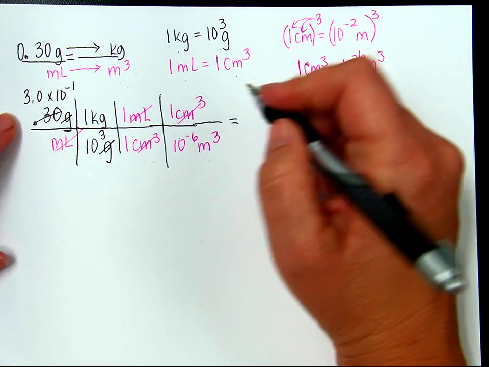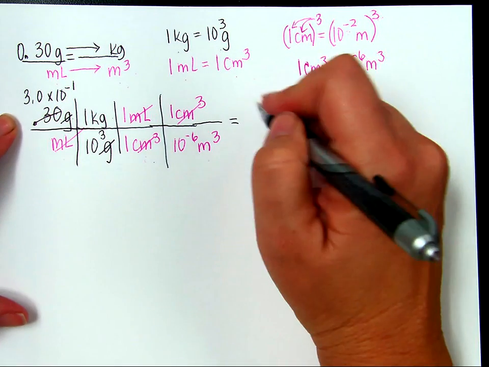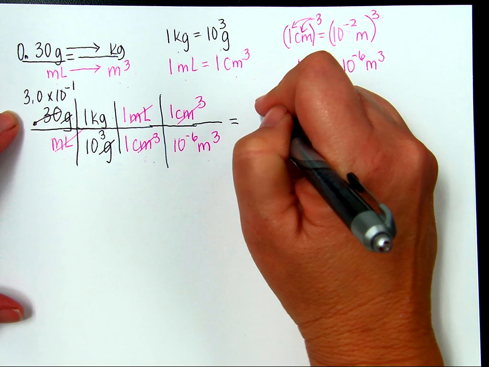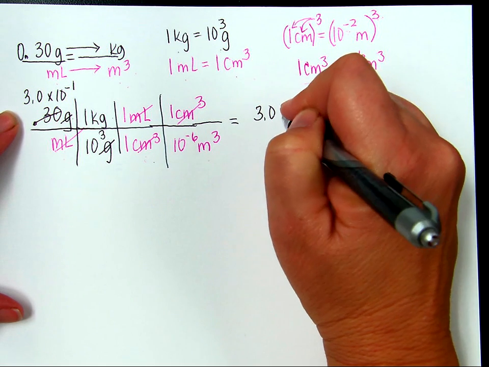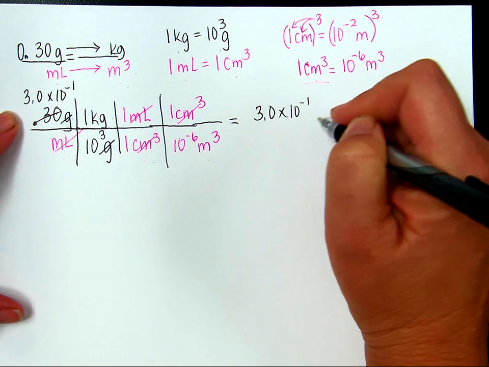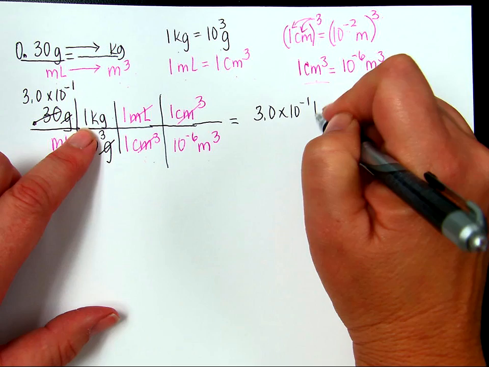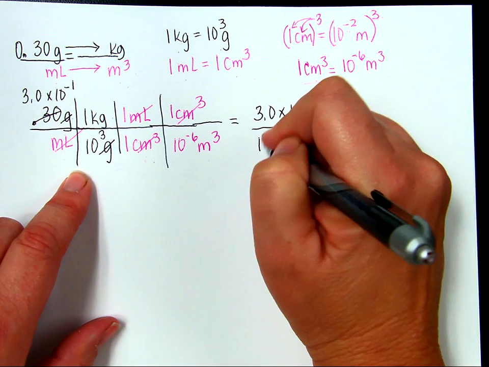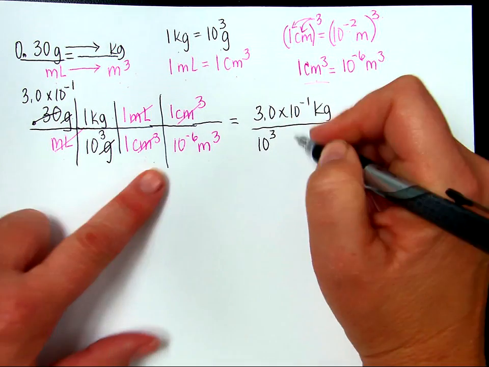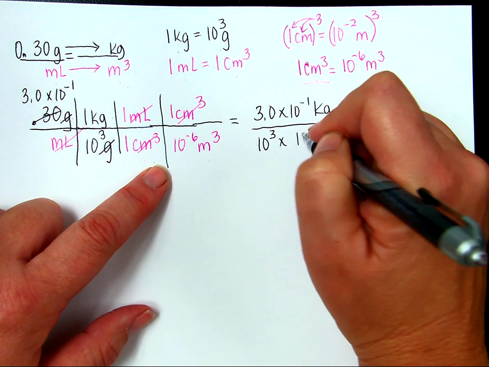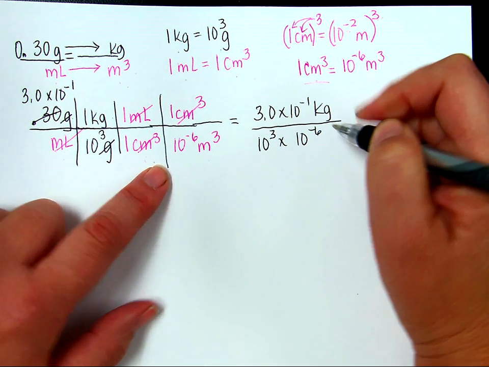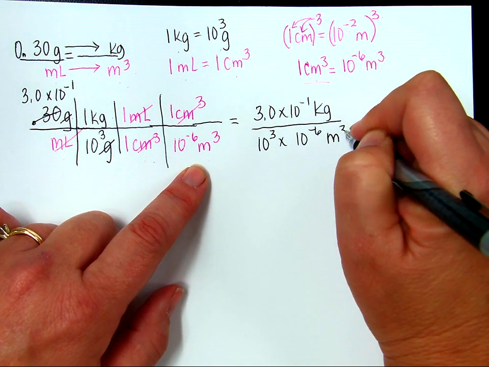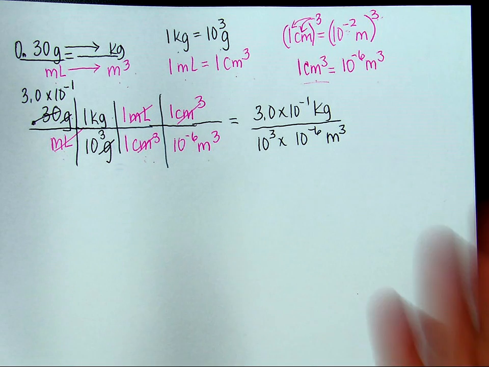And let's take all our numbers and pull them out of this mess, because it gets kind of messy in there. So we've got 3.0 times 10 to the minus 1 kilograms. That's the only thing left there. Divided by 10 to the third times 10 to the negative 6, and we've got our meters cubed. So our units are there.